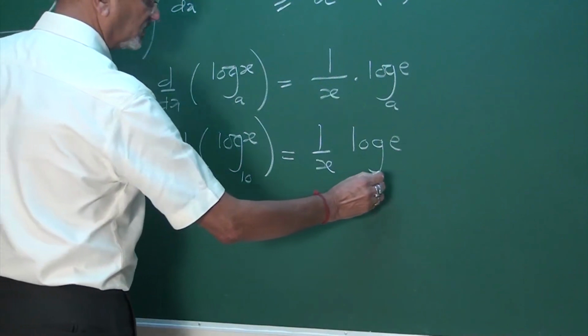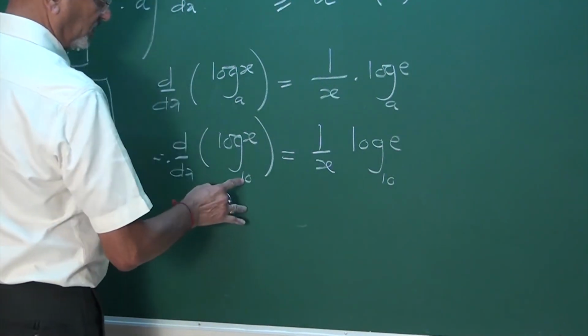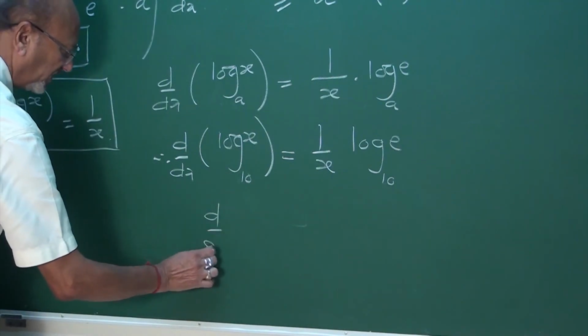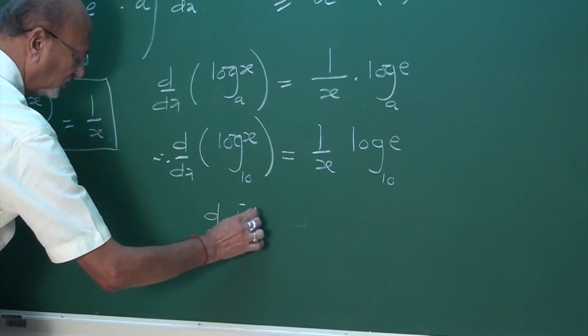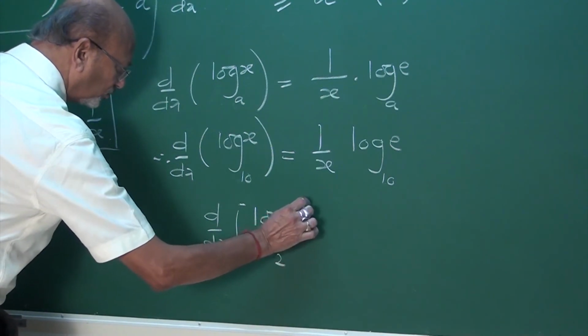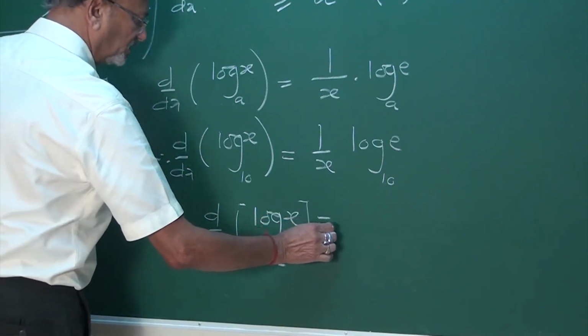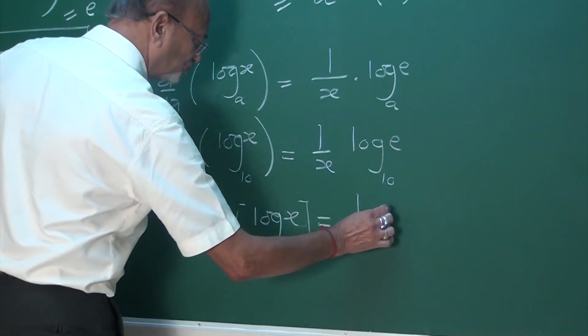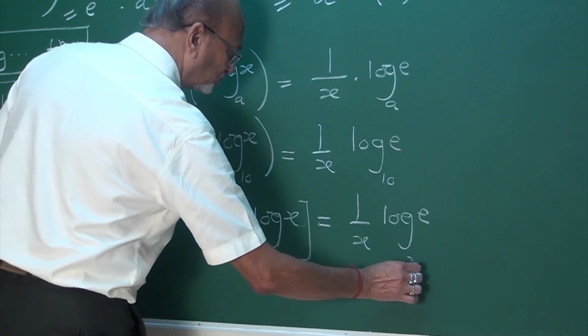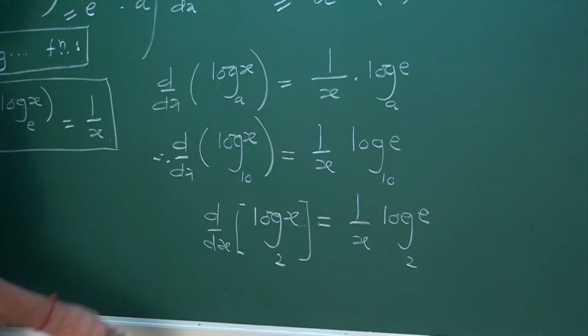Then you have to write the given base, this 10, and it remains like that. Even if it is d by dx of log x to the base 2, my friend, it means 1 by x into log e to the base 2.